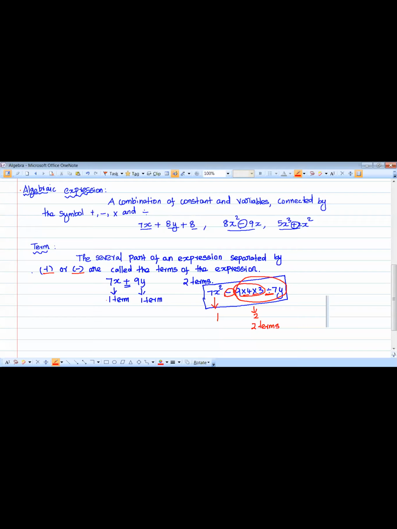Okay, so next we are going to study various types of algebraic expressions.